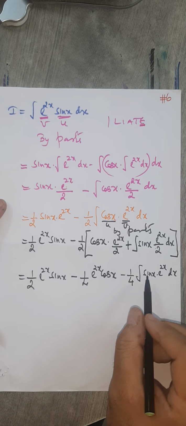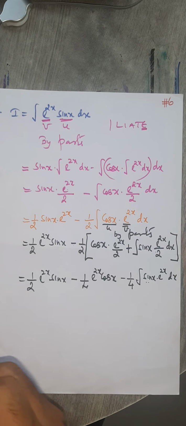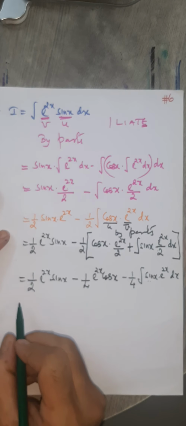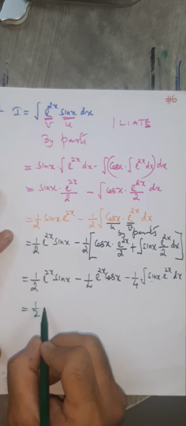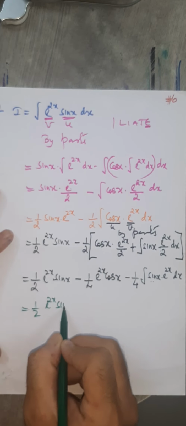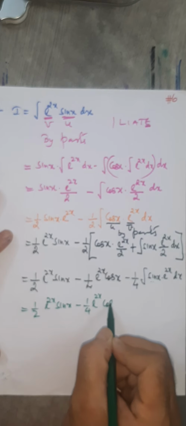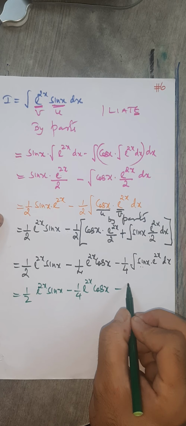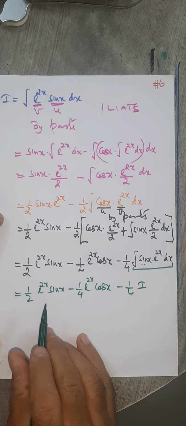Now this reduces to the question itself. You see, that's the same as the given question. So this becomes I. So 1 by 2, let me write as it is right now here. This is 1 upon 4, this is the given question, that is I.